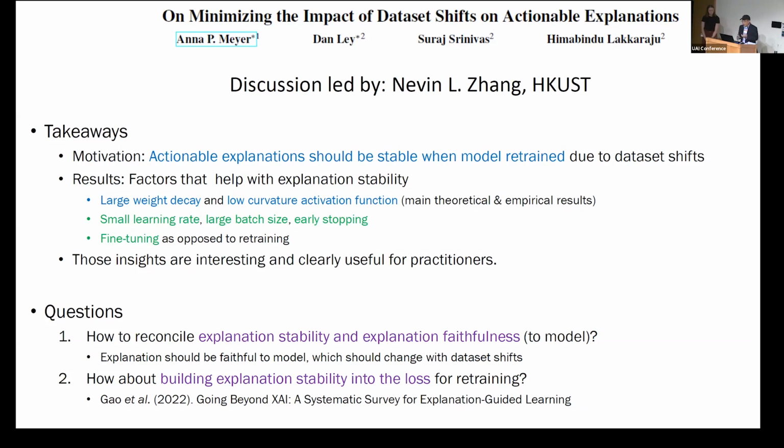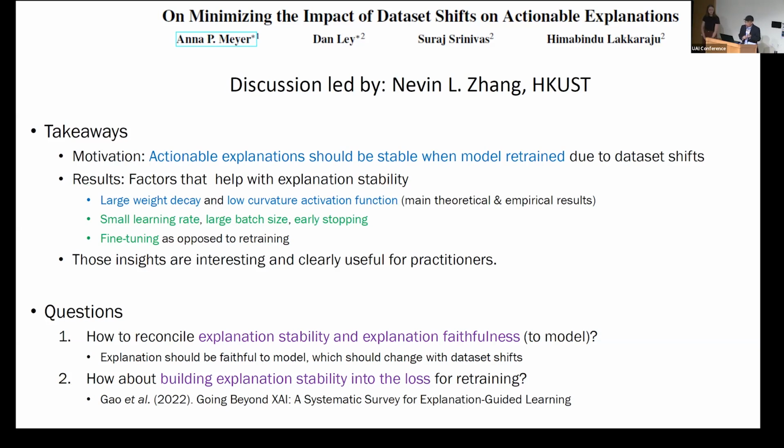So Anna and his team have done a lot of work, both theoretically and empirically, to determine the factors that influence explanation stability. So I found it very interesting, for example, large weight decay helps, lower curvature activation function. Those are mean results related to theory, and also small learning rate, large batch size, early stopping, and so on.